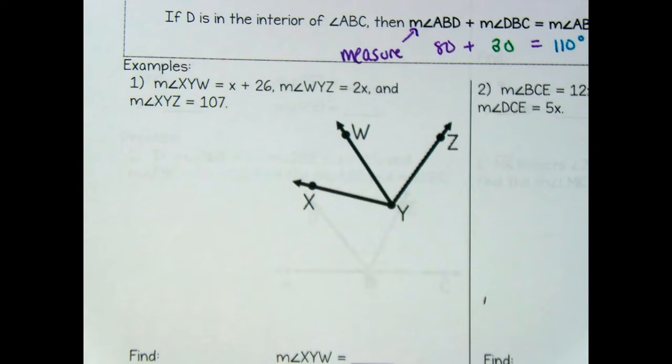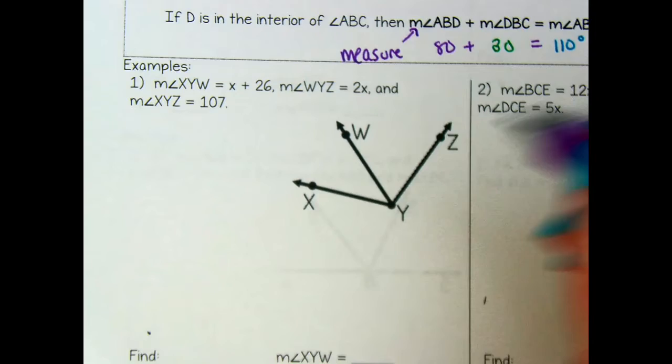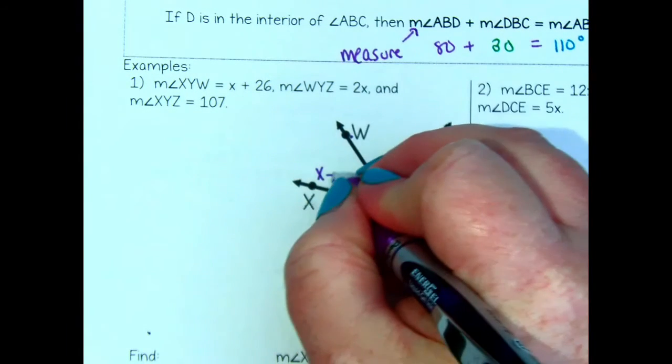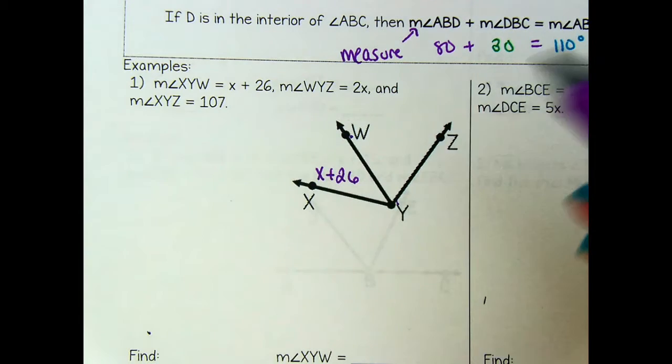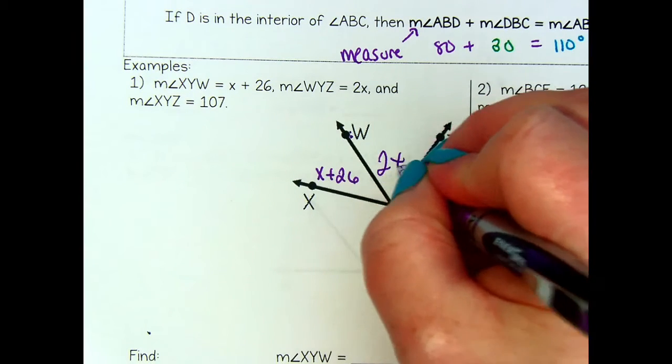And what I like to do is take the picture and go one step at a time. So the measure of angle XYW, well that's x plus 26. And the measure of angle WYZ is 2x.